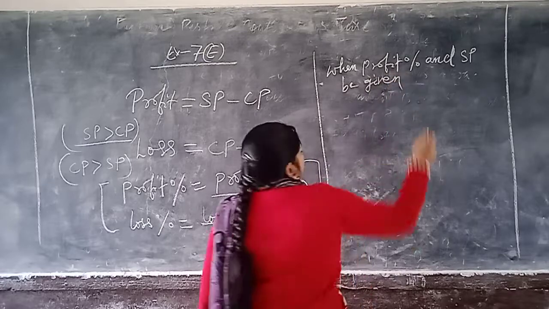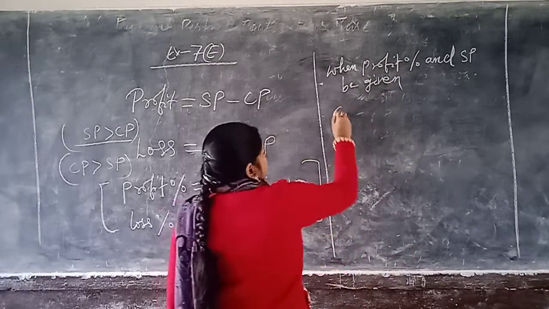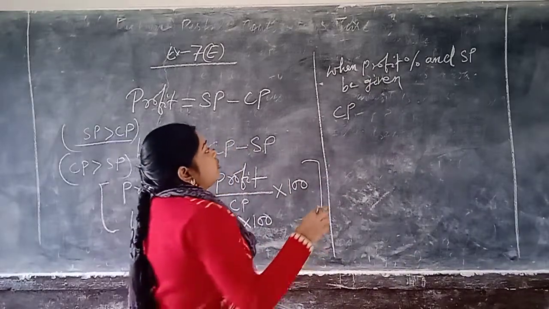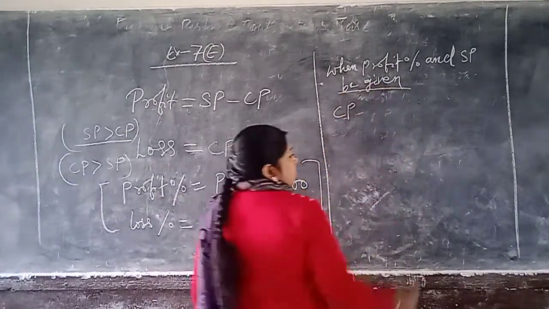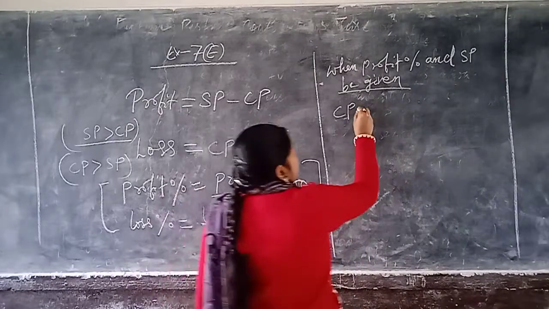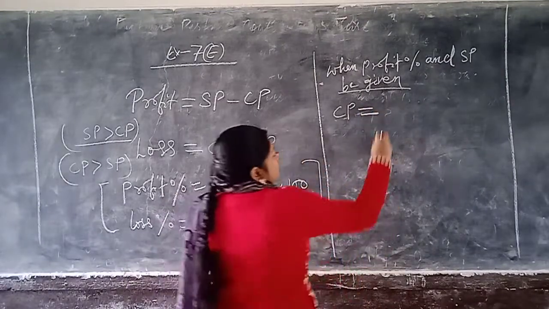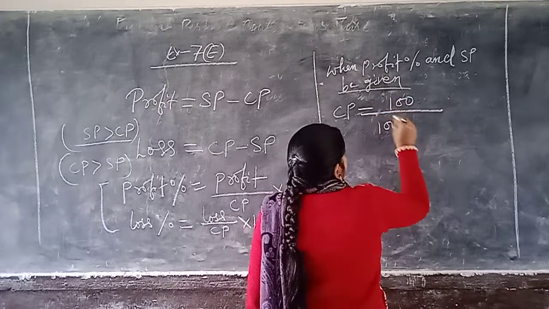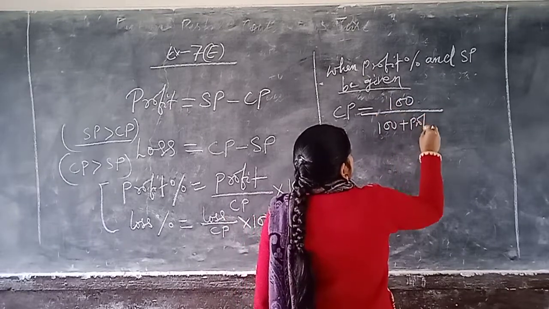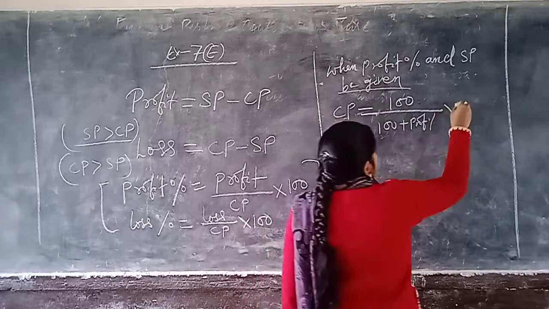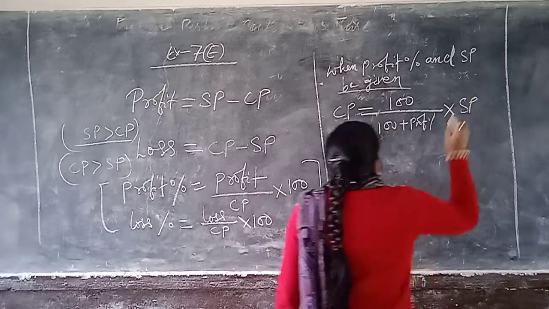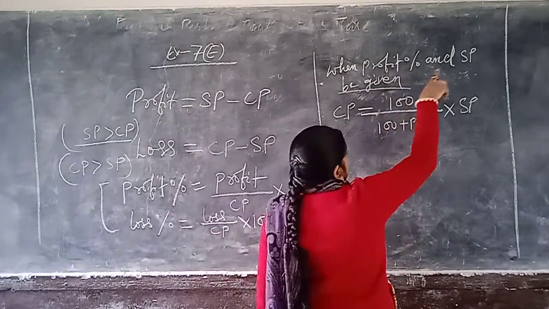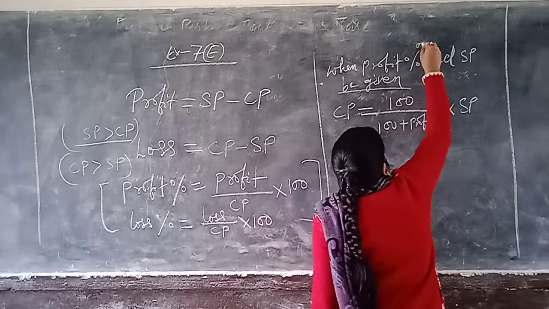So what is the formula of cost price? प्रॉफिट परसेंट अगर दिया हो और सेलिंग प्राइस दिया गया हो तो आपको कॉस्ट प्राइस निकालना है, तो वहां पर कौन सा फॉर्मूला अप्लाई करेंगे? कॉस्ट प्राइस इक्वल टू 100 बाय 100 प्लस प्रॉफिट परसेंट इनटू एसपी, when loss percent will be given.